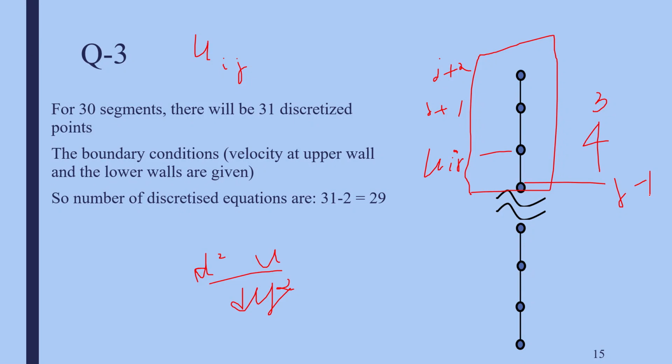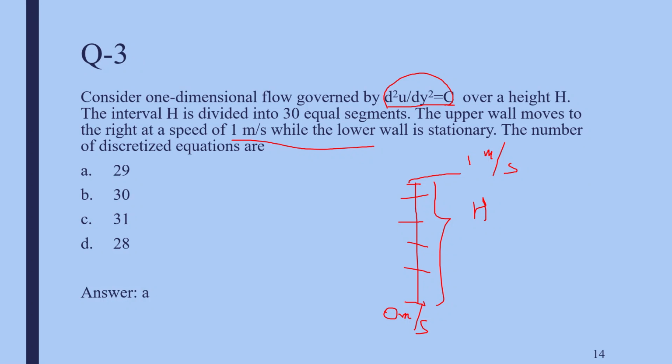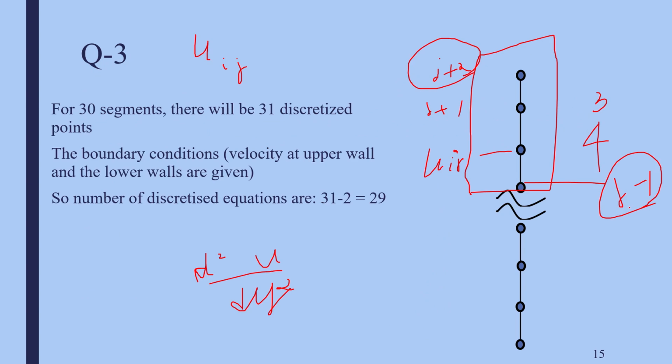According to this equation, we know the values of u i comma j plus 2 and u i comma j minus 1, because the wall is moving at a speed of 1 meter per second at the top, while at the bottom it is stationary. So how many discretized equations are we having?